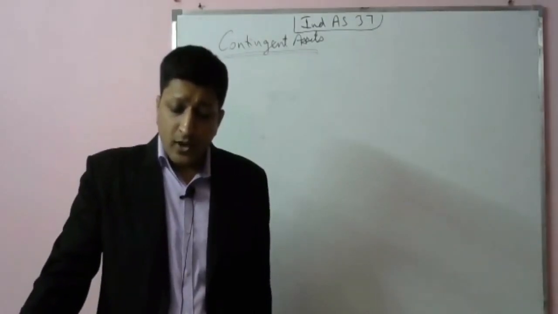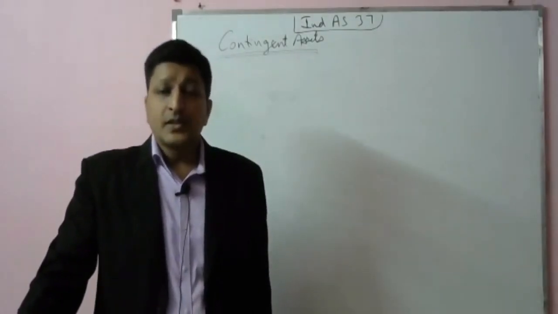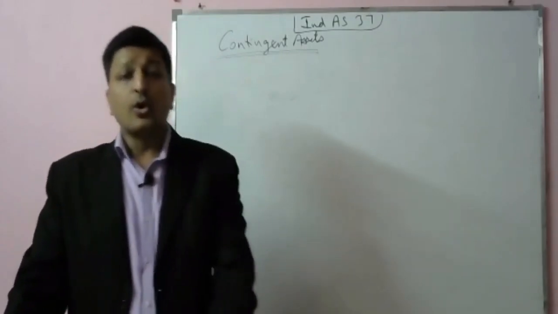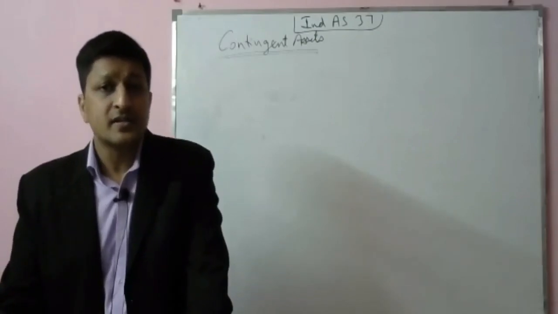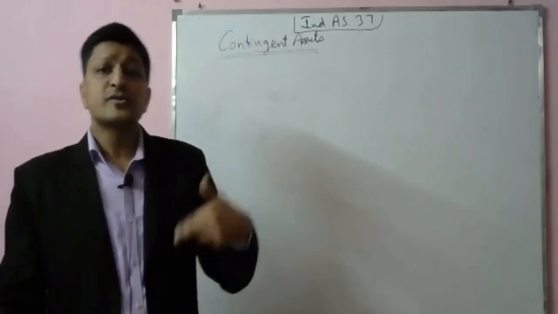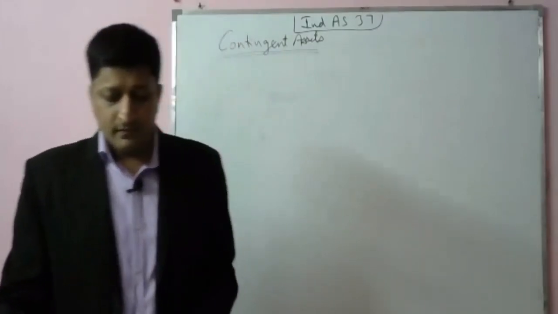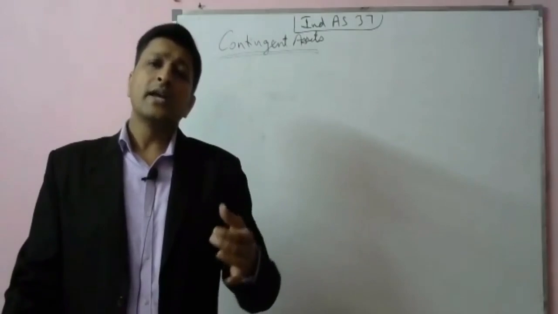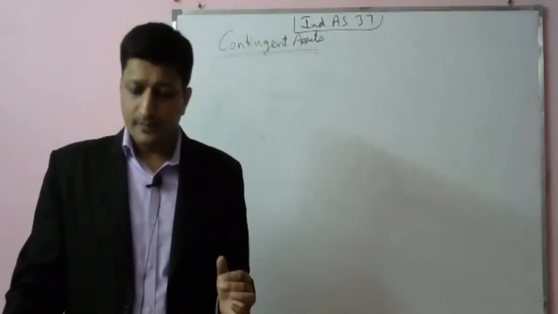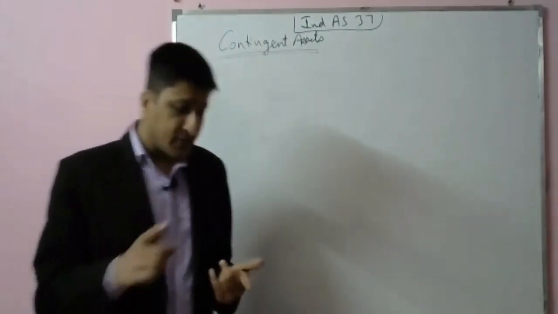So what do we mean by contingent assets? These assets arise from unplanned or unexpected events. Again, something which is contingent in nature, and because of which an inflow will take place. Now, what is the definition of an asset?